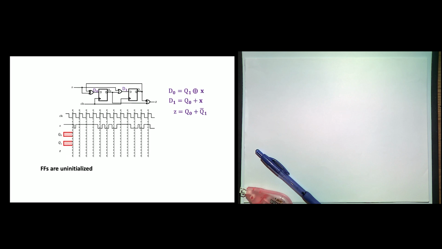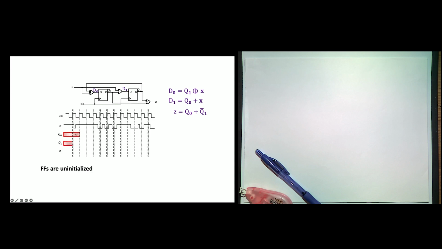So at the first clock edge, what happens with Q0? X is 1, and Q1 is unknown, so what gets loaded into the Q0 flip-flop? Something always gets loaded, but an unknown value gets loaded. In fact, whatever Q1 had, inverted actually.